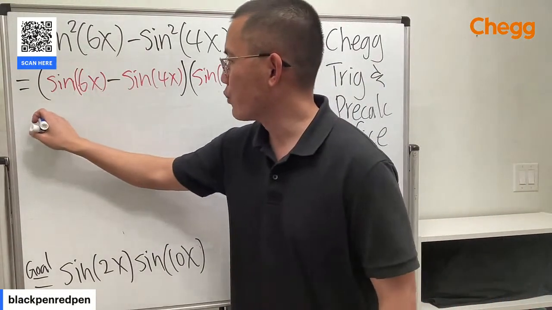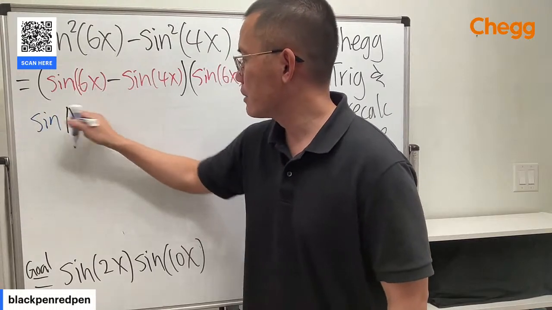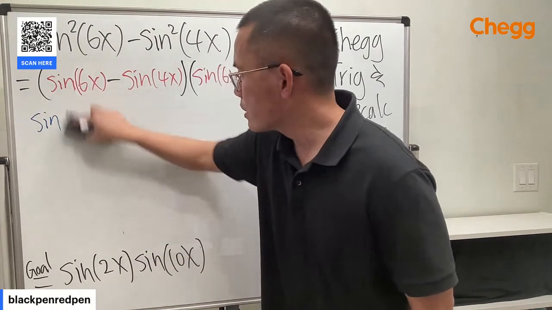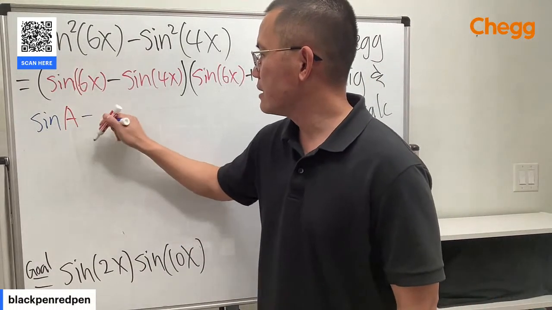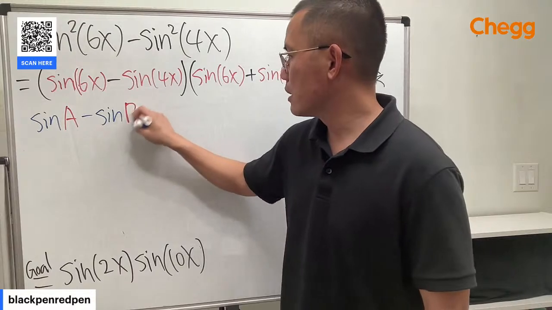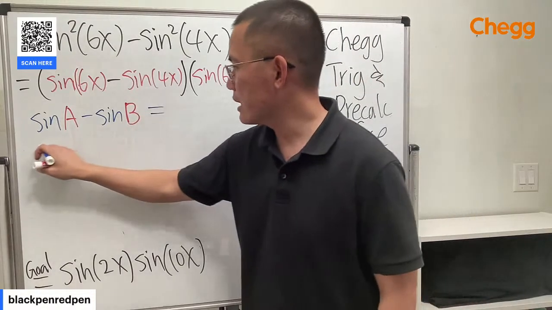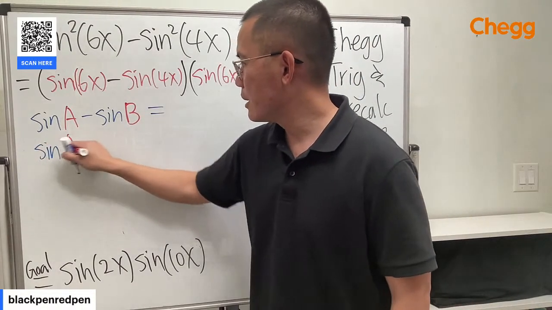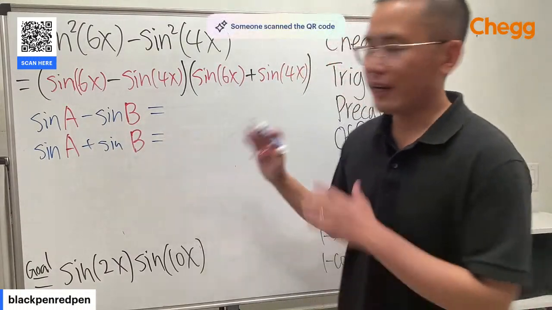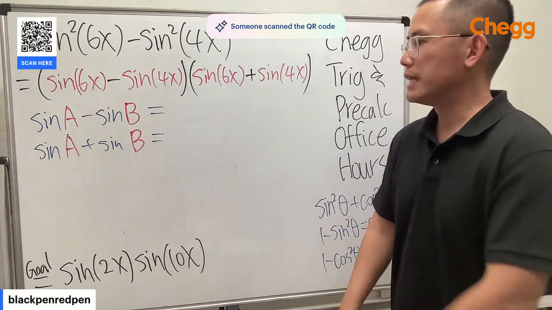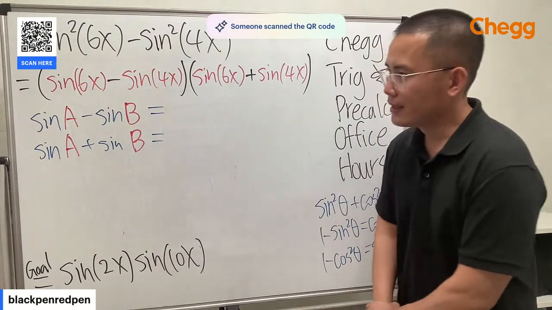So we need a formula for sine of A minus sine of B, and then we need sine of A plus sine of B. And then if we have the formulas, then we'll be pretty much done.